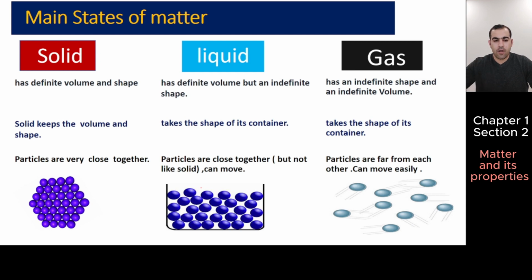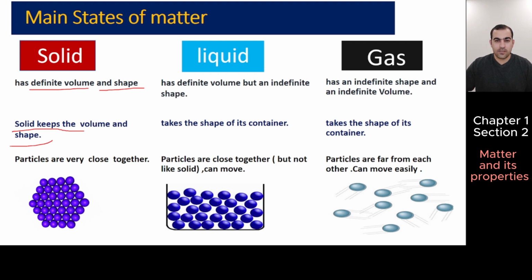Let's talk about their properties. I think you have learned this in secondary school. Solids have definite volume and shape. Their shape and volume don't change. A pen is a solid, and its shape and volume don't change, right? A solid keeps its volume and shape. You put a pencil in a container, and the shape of the pencil doesn't change, right?